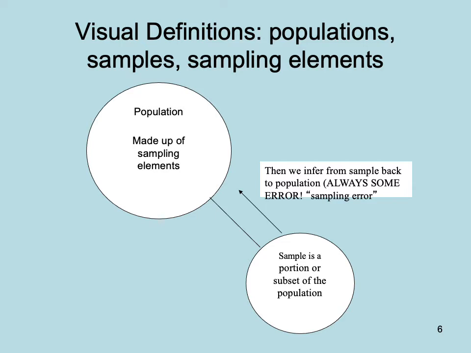I'm not exactly sure of his studies, but I'm thinking that his sampling elements are either individual humpback whales, or maybe pods, which are a group of whales. And then he obviously can't count all the humpback whales in the Hawaiian Islands, so he takes a sample, or a subset, or a portion of all the humpback whales, and he studies them, and he hopes that they're representative of the population of all humpback whales. Okay, so that's just another visual giving you the idea that the population is made up of sampling elements.